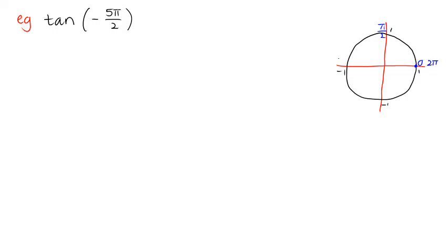This is pi on 2. This is pi. This is 3 pi on 2. Remember, at negative, we go clockwise around the circle, not anti-clockwise like usual. So if we start here, where we always start, going clockwise, that's a half pi, that's a pi, that's 3 halves pi, that's 4 halves pi, this is 5 halves.